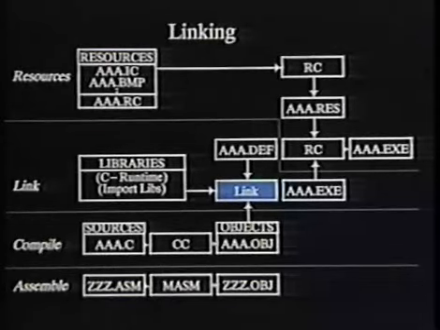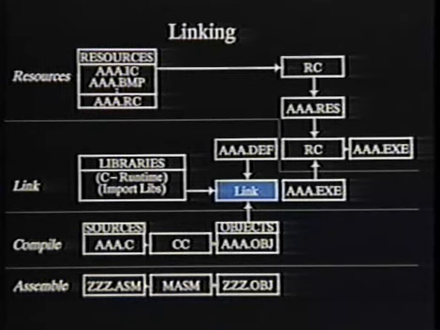Okay, so at this point, let's look at the process of linking. We've looked at building dynamic link libraries, and we need to link those, and we've looked at building applications, and we need to link those. So let's look at what we need for linking an application.